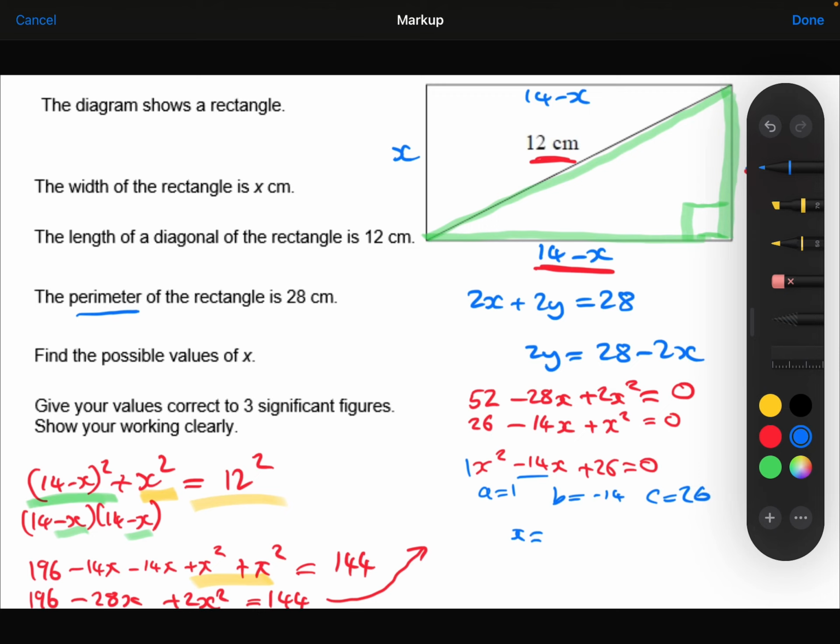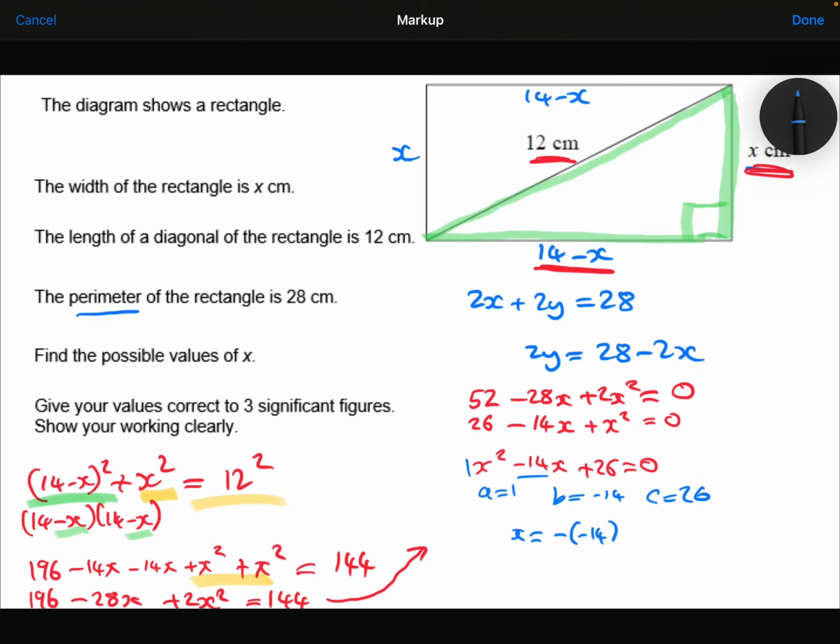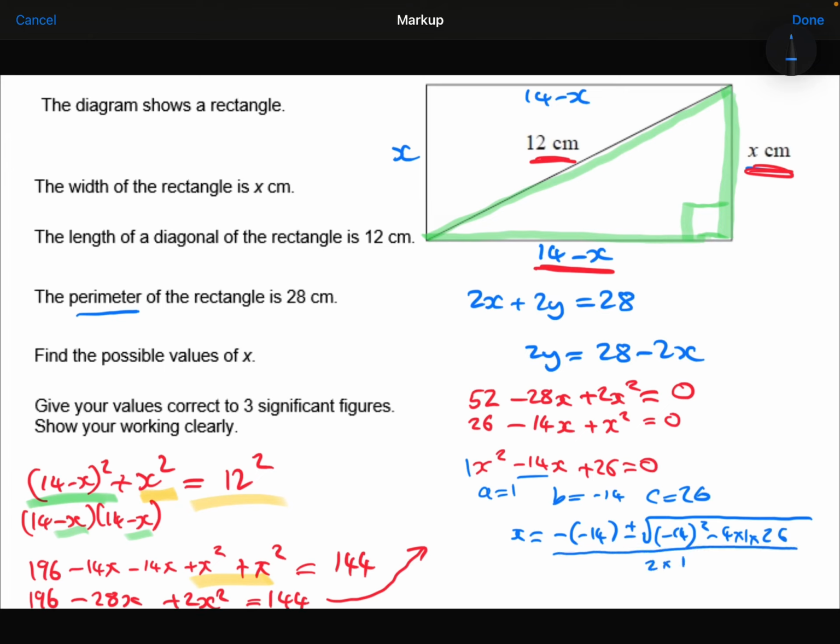So x equals minus b plus or minus the square root of b squared minus 4 times a times c, all divided by 2 times a.